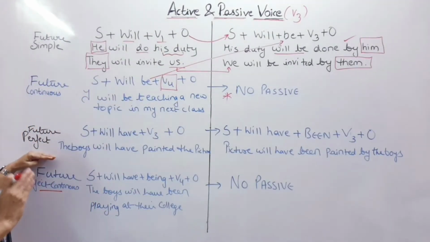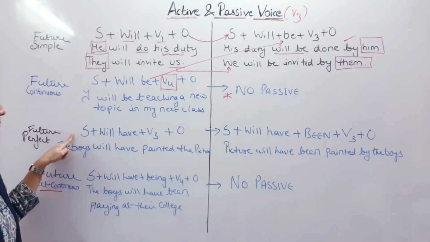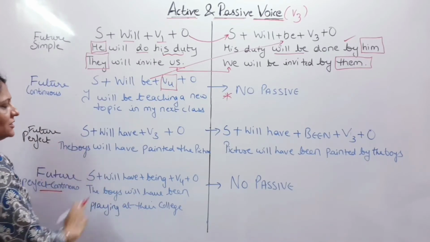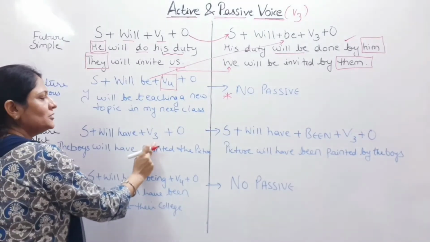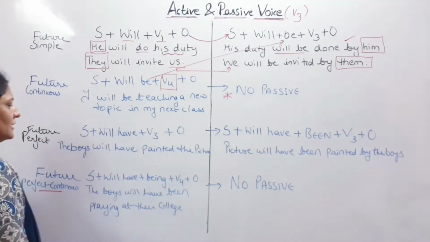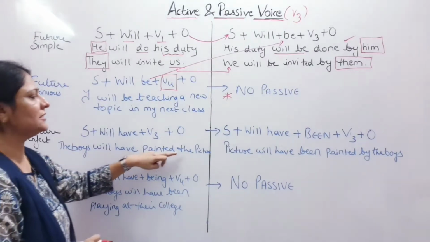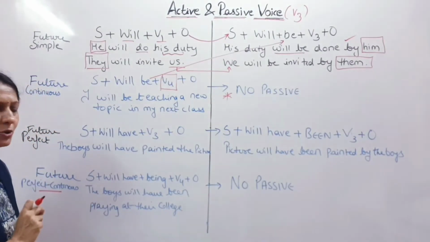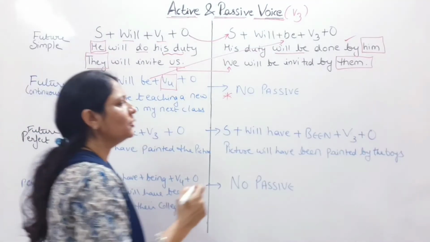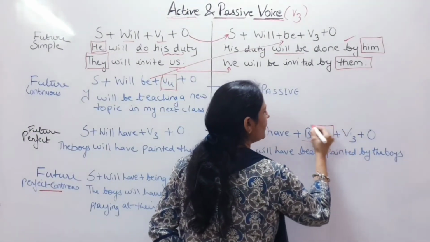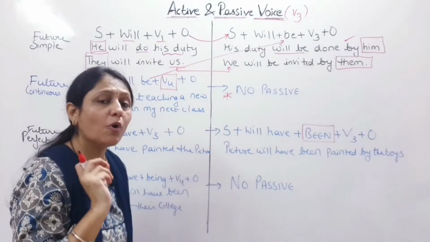Now moving to future perfect tense. The formula for future perfect tense was subject plus will have plus V3 plus object. Let's take an example. The boys will have painted the picture. As I told you, in all the perfect tenses, what is the word which we have always added?